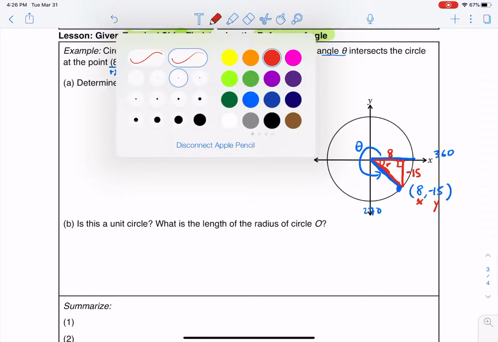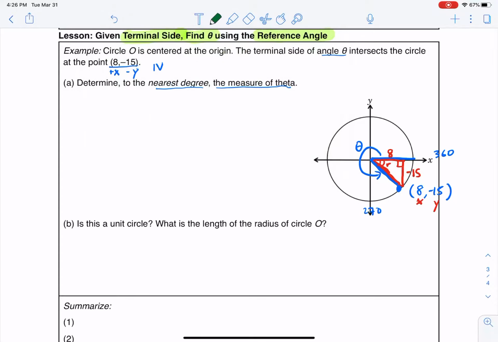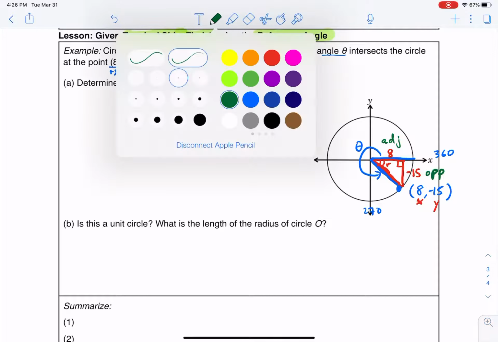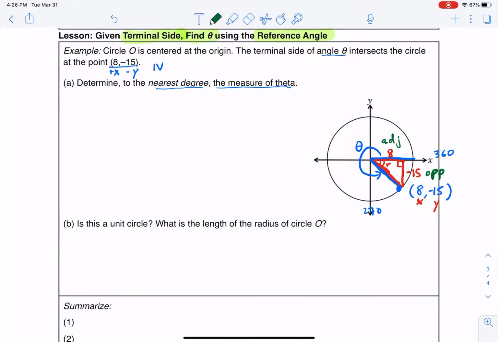Now, if we think about what that means in terms of trig problems, -15 is really opposite my reference angle. 8 is the adjacent side. Now, we're going to be using an inverse trig ratio to find what that angle is.